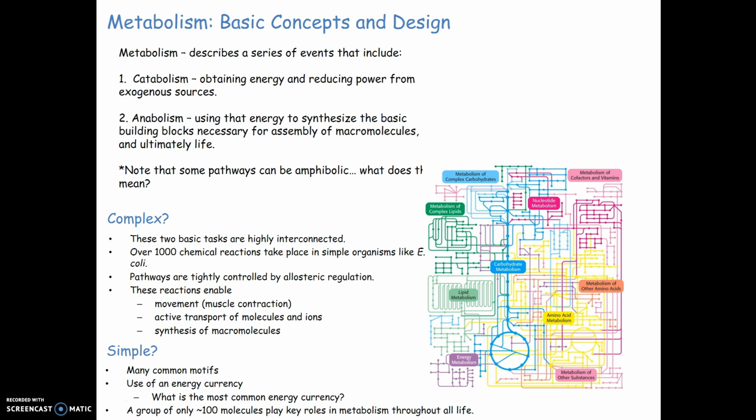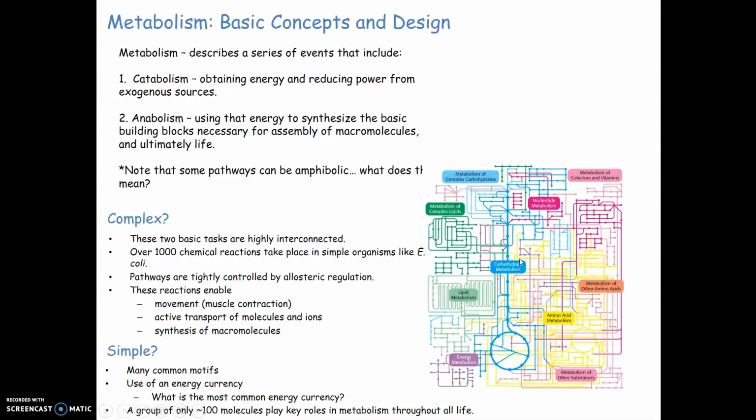All right, so essentially, metabolism is a bunch of chemical reactions that can be broken down into two classifications. Catabolism, which is breaking down our molecules to obtain energy and get reducing power.